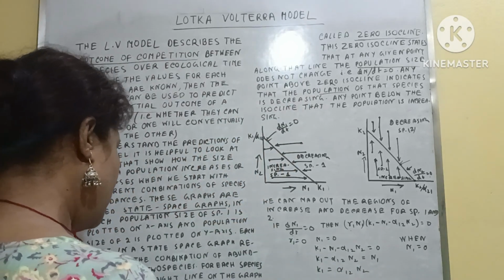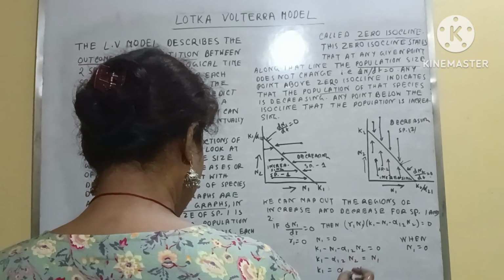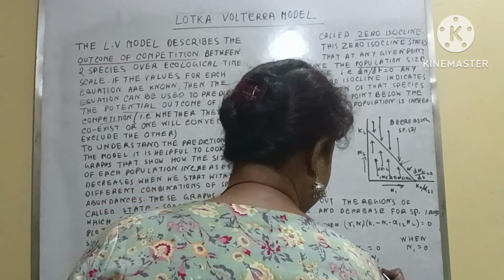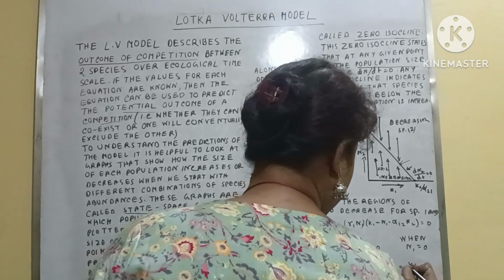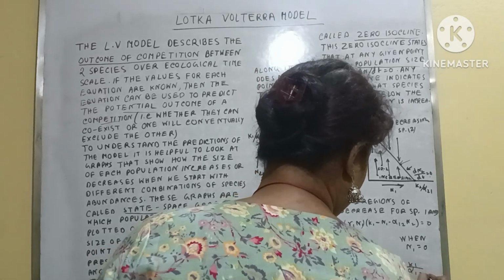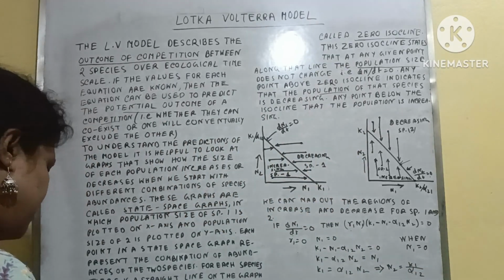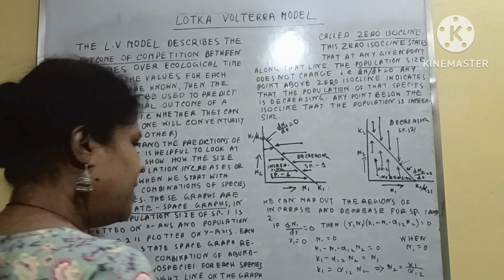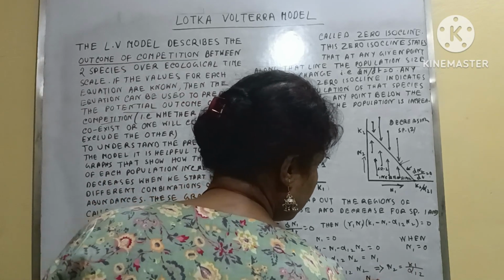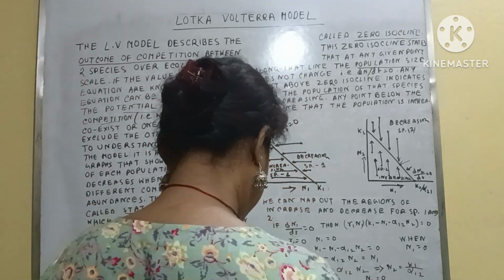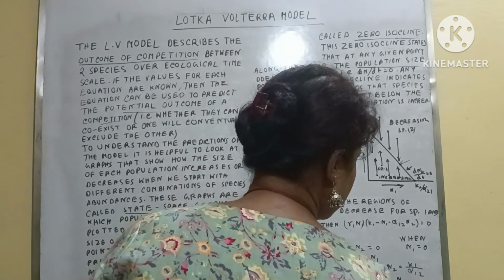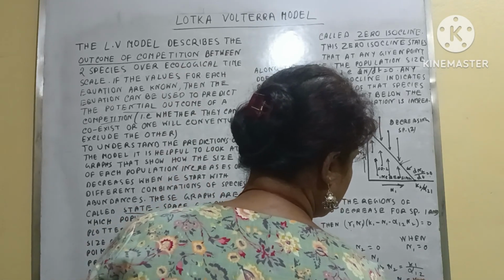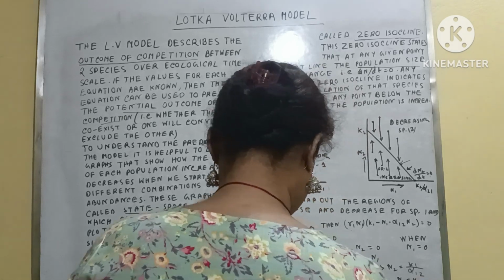What is the value of n2 now? n2 is k1 by alpha 1 2. Now if n2's value becomes 0, then n1 is equal to k1.